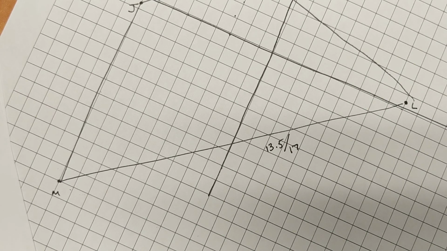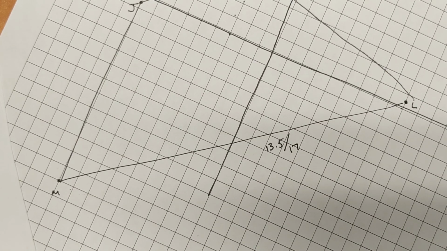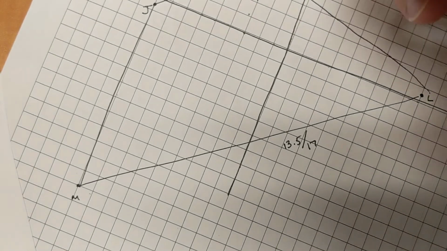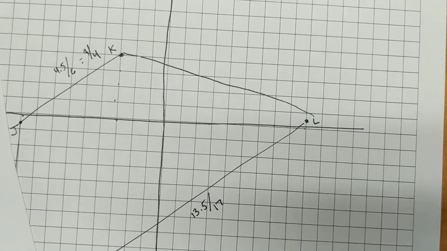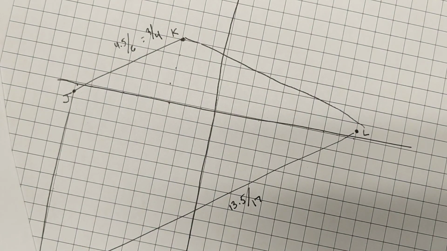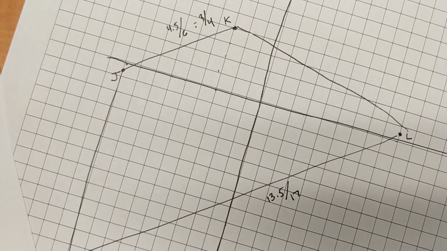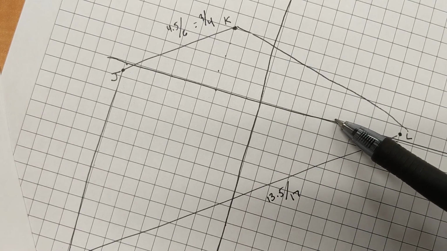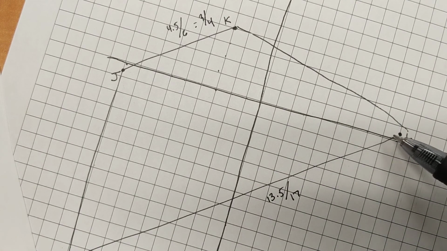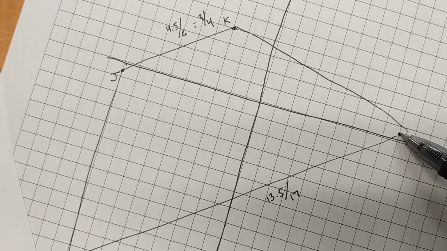So let's make those real numbers. 4.5 divided by 6 is 3/4. 13.5 divided by 17. I feel like I've plotted something wrong. M is at -18.